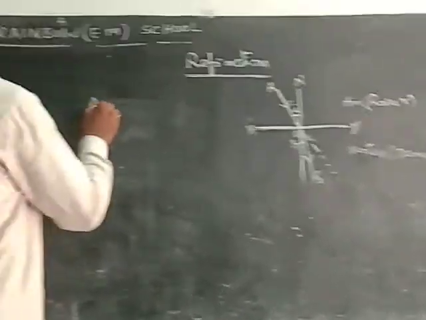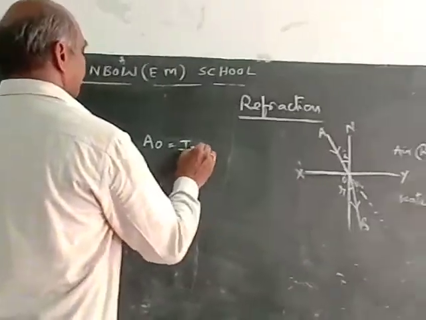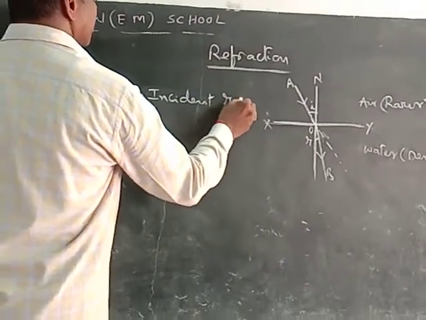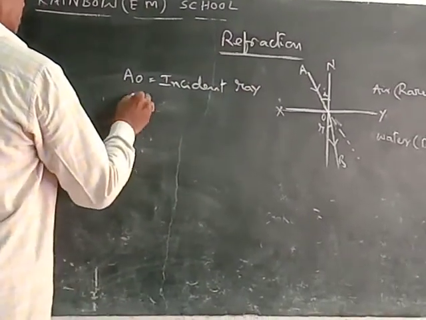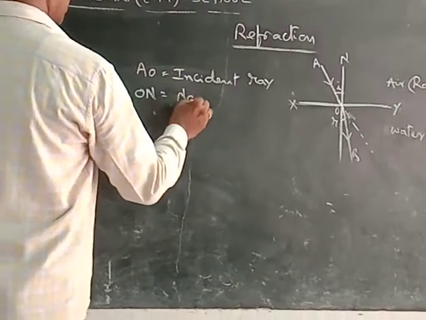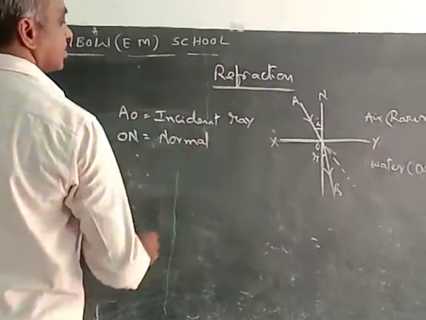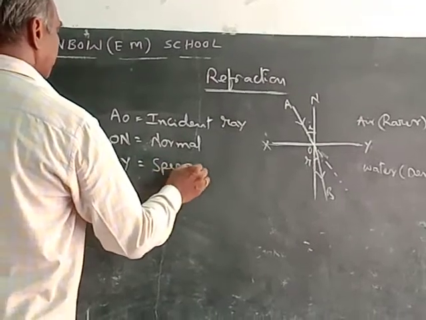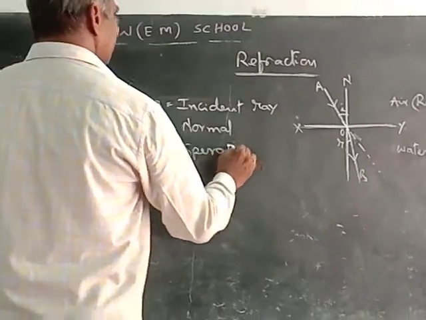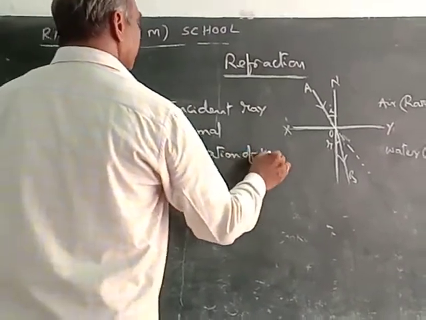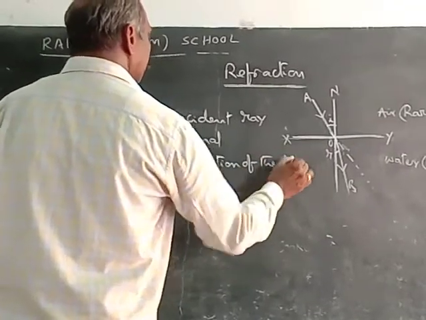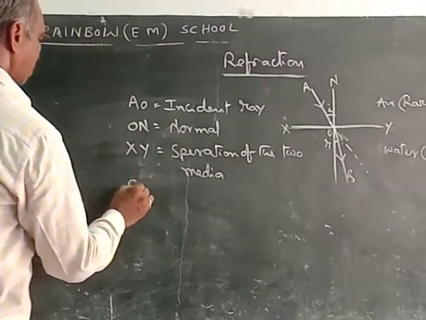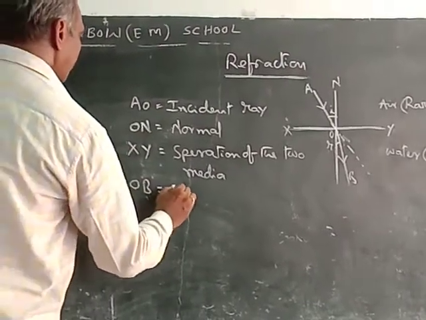Here AO means the incident ray, ON means the normal, XY is the separation of the two media, and OB is the refracted ray.